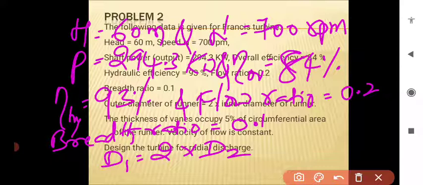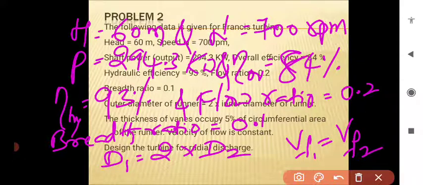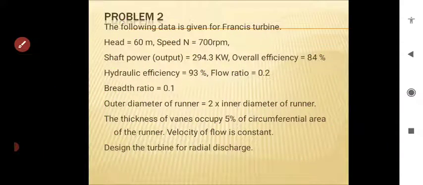The thickness of the vanes occupies 5% of the circumferential area of the runner. Velocity of the flow is constant, which means Vf1 is equal to Vf2. Design the turbine for radial discharge. This is the given data for this problem.